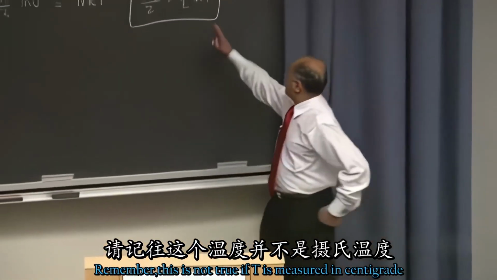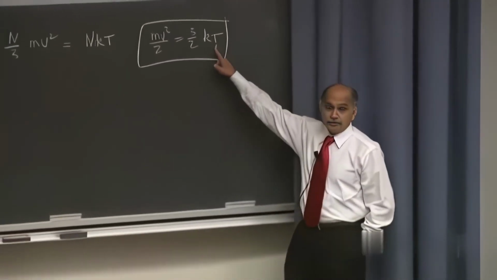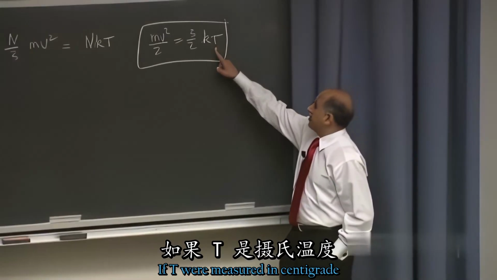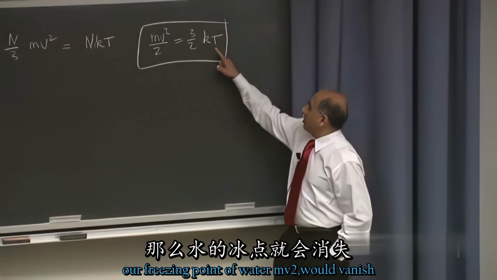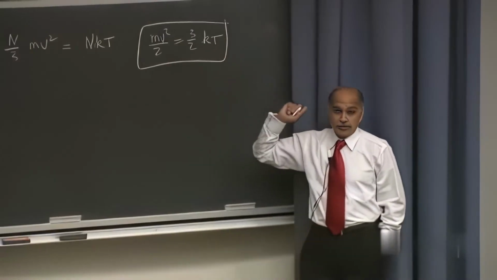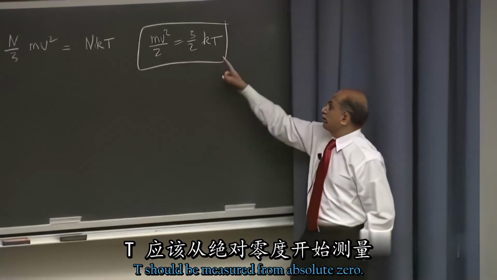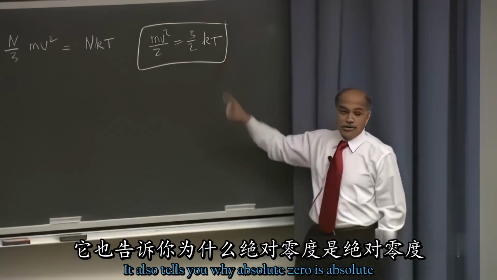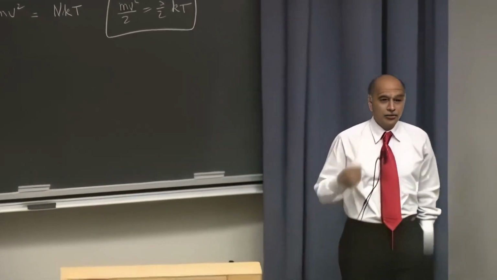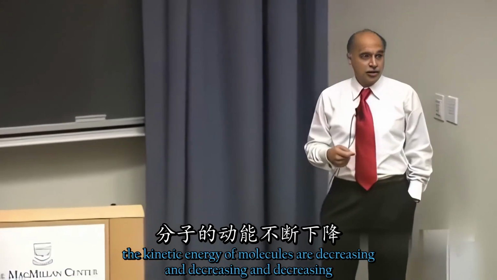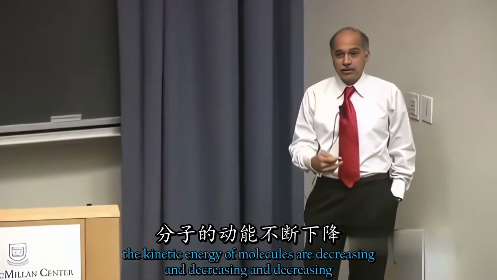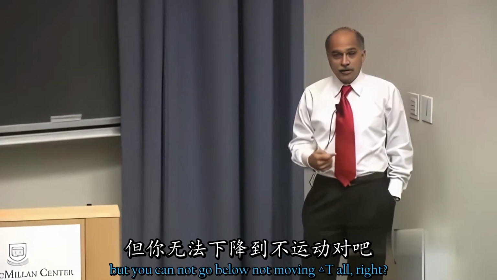Remember, this is not true if T is measured in centigrade. If T were measured in centigrade, at the freezing point of water, mv squared would vanish. But that's not what's implied. T should be measured from absolute zero. It also tells you why absolute zero is absolute. As you cool your gas, the kinetic energy of molecules is decreasing and decreasing, but you cannot go below not moving at all.